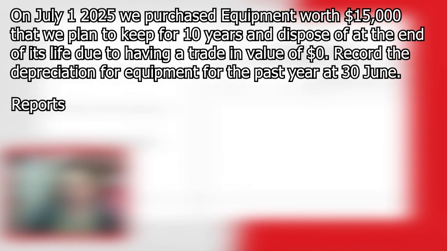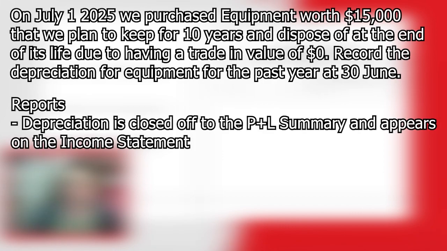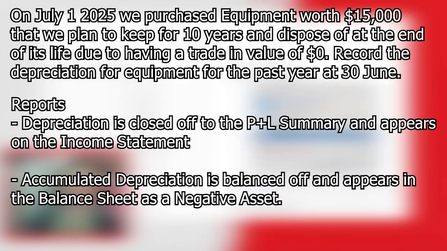Now, where does this go on our reports? Obviously, depreciation of equipment, because it's an expense, will be closed off to the P&L summary. Meanwhile, accumulated depreciation of equipment will be balanced because it's not an expense. It's an asset or negative asset. So we see here depreciation of equipment, 12. We have a look.